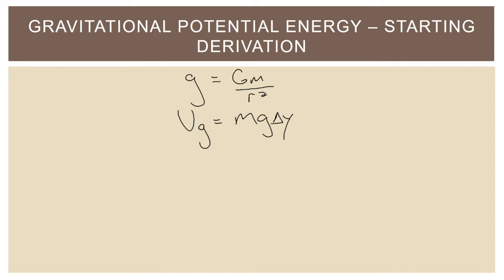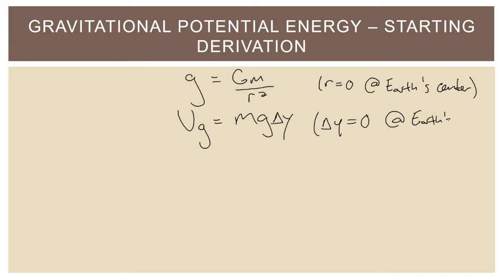But even though r is usually zero at the Earth's center, while delta y is usually zero at the Earth's surface, we always said so far that height is a measurement which is relative, meaning it doesn't really matter what you call the zero. You just have to measure all of your heights from that point.